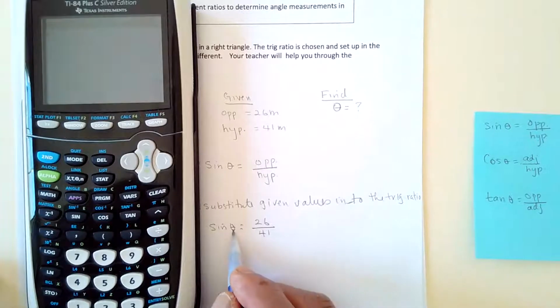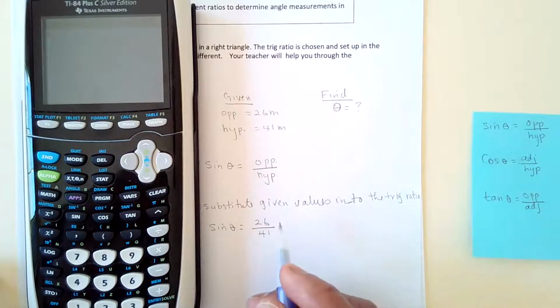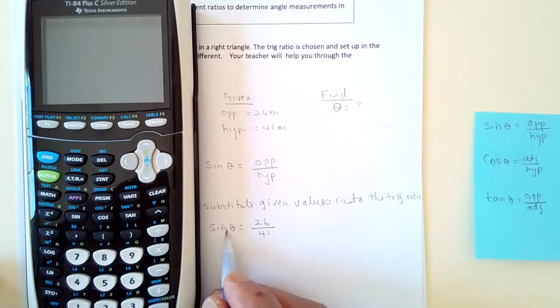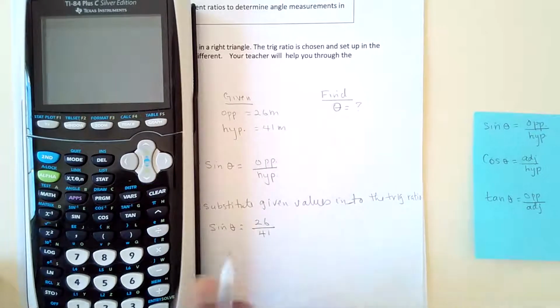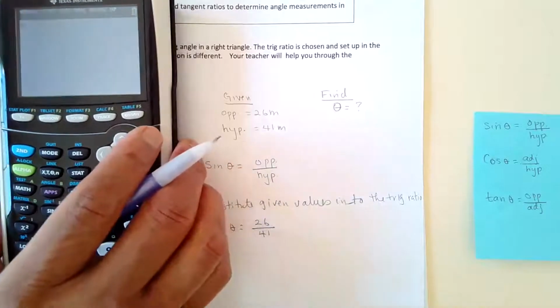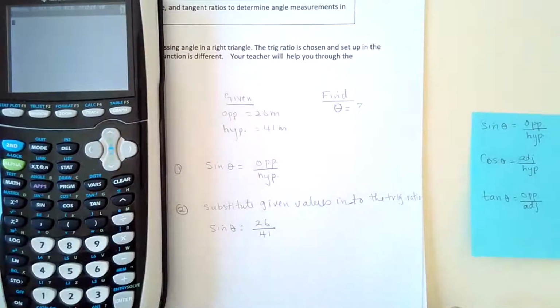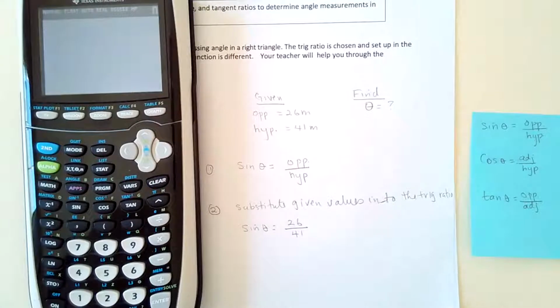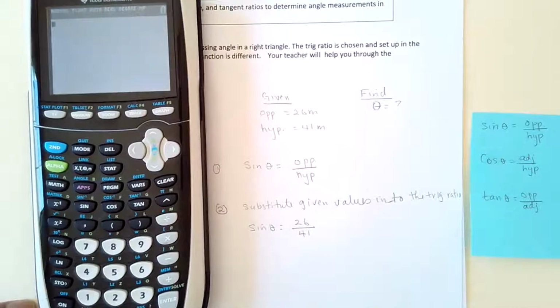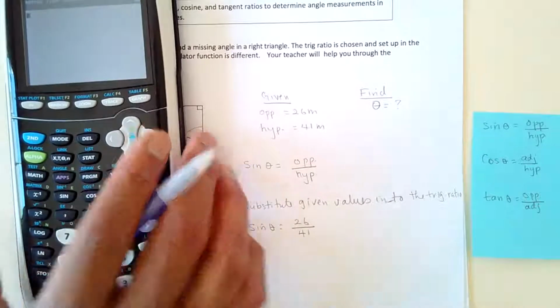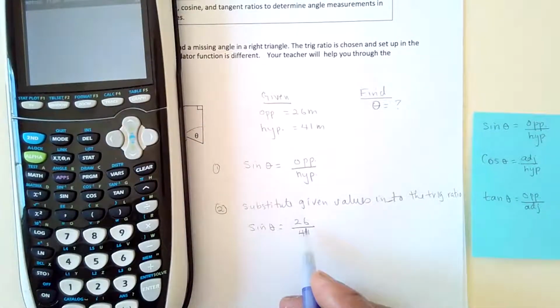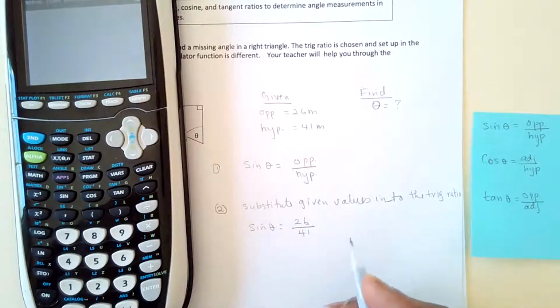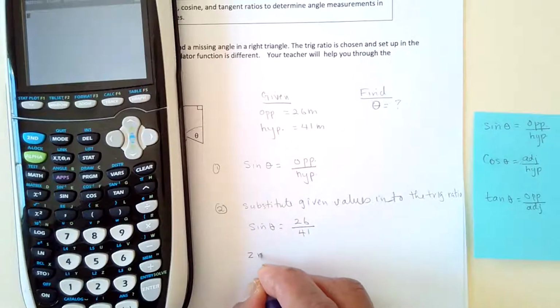Now I need to find the angle, because it's the inverse, so I'll have to press my second button first.